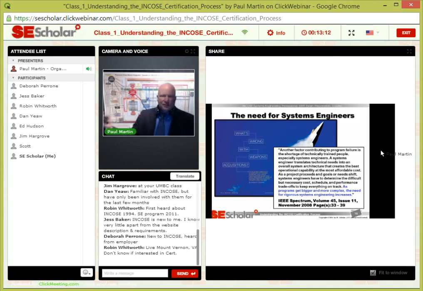As the project proceeds, goals or needs shift. And system engineers are the ones who have to determine those difficult but necessary cost, schedule, and performance trade-offs to keep everything on track. And as programs get bigger and more complex, the need for rigorous system engineering increases.